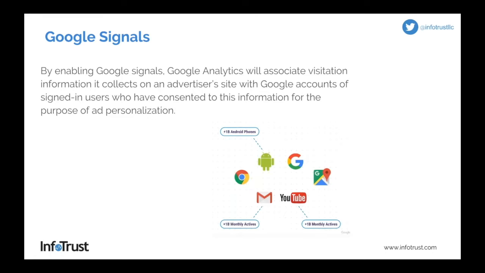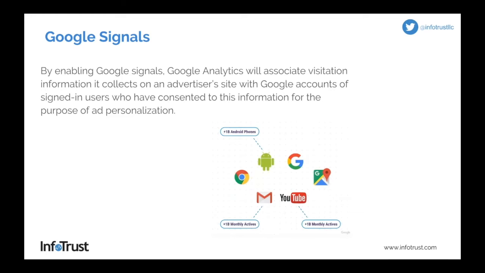So if I log into, let's say, my Gmail on both my laptop and on my iPhone, Google is going to know that, okay, this device is Andy's and this device is Andy's. So now when I visit, let's say, Macy's.com, it knows that behind the scenes, I'm the same person. So it's deduping users based on Google's knowledge graph, what they call Google Signals.